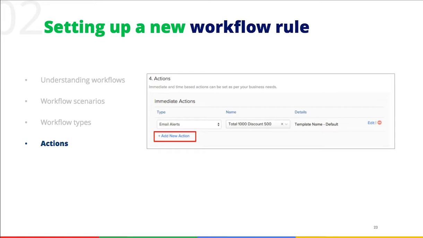So within Zoho Books, you have email alerts, field updates, webhooks, and finally custom functions. So whatever workflow you implement will lead to one of these four actions, and you can choose which particular action you want to execute.